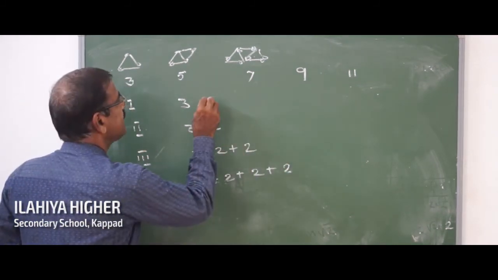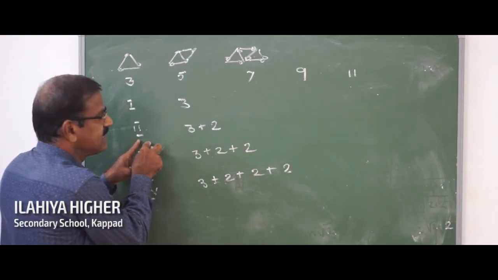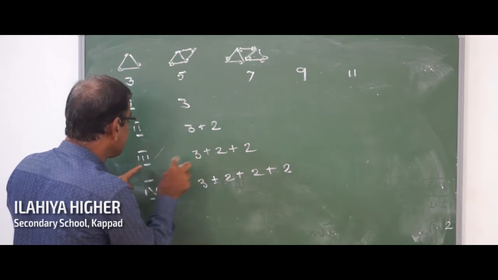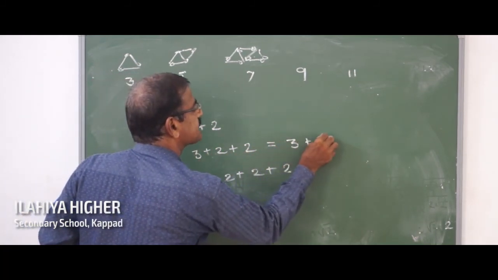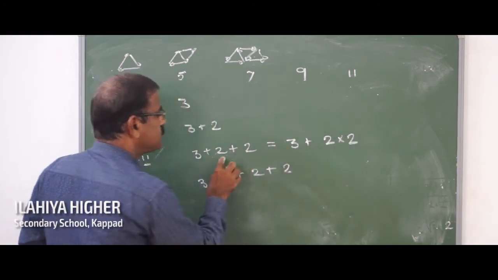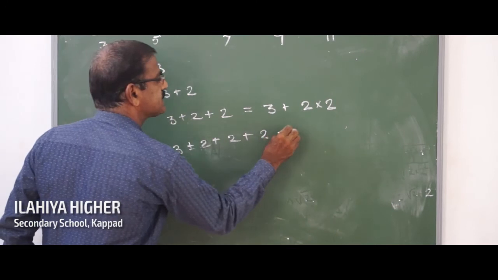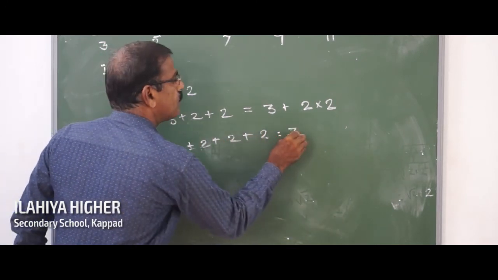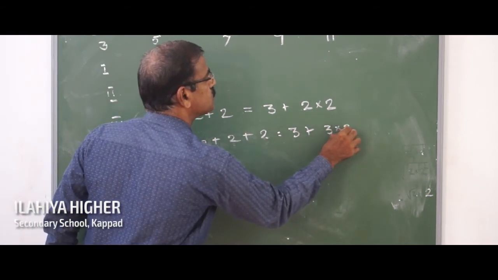So in the third, 3 plus 2 plus 2. We may simplify it as 3 plus 2 times 2. Here 2 plus 2 plus 2, it is 3 plus how many 2's are here? 3 2's. So 3 into 2.